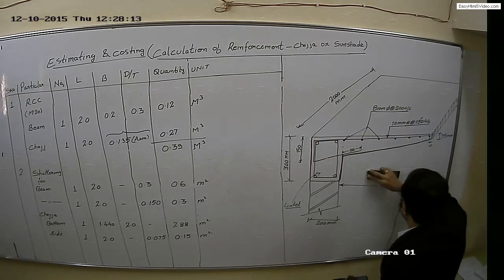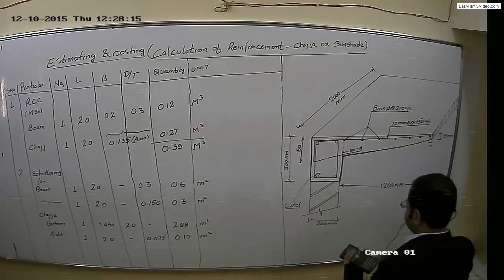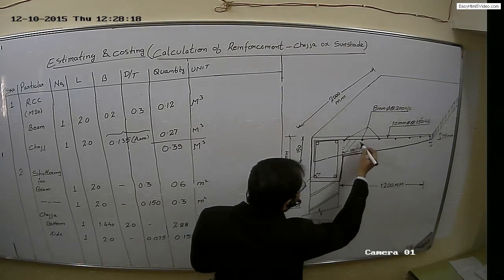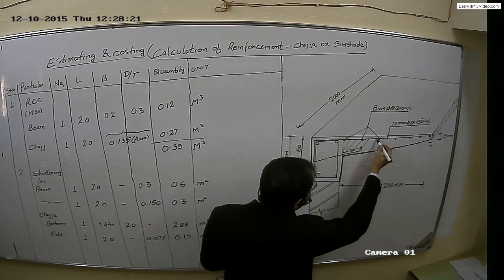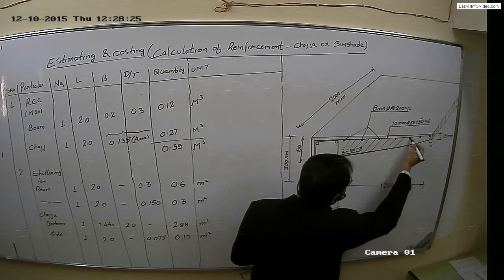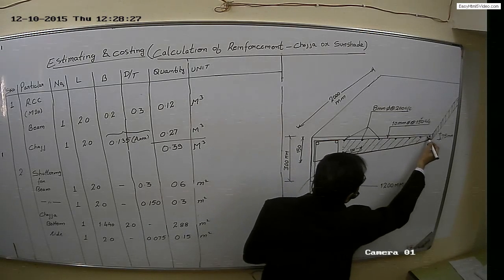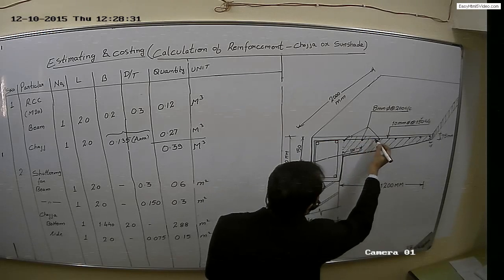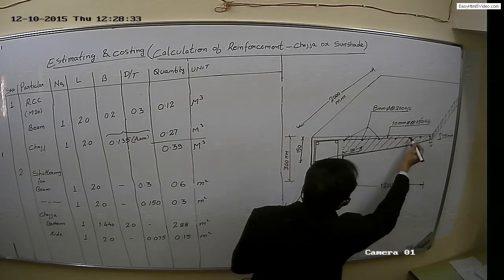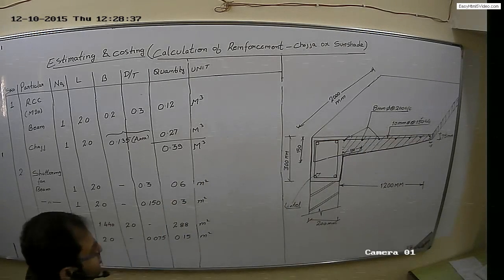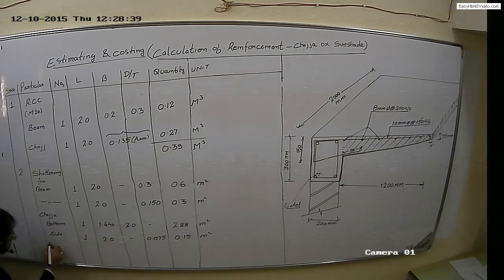We have already calculated the area of this trapezoidal portion, which we have to calculate for finding out the shuttering.